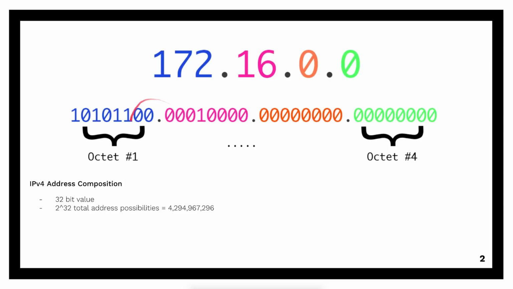So what we see here is a single octet, consisting of 8 bits, and we have 4 of these, and this is what comprises an entire IP address. If we do some very simple elementary math, we can take 2 to the power of 32, and that tells us that for IPv4, there are a total of 4.294 billion possible IP addresses within this space.